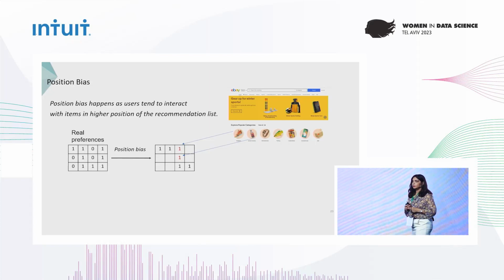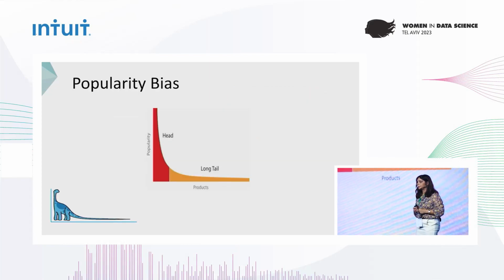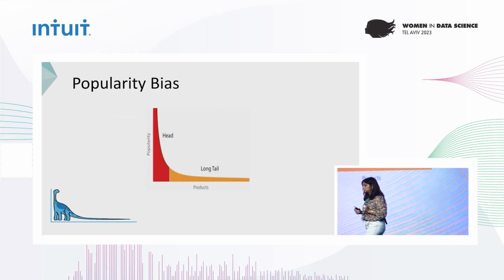Another is position bias, which is also known from search engine settings, where users would click or interact with items even if they don't really like them, just because they are ranked higher in the recommendation list. And then the next common bias in the data is popularity.